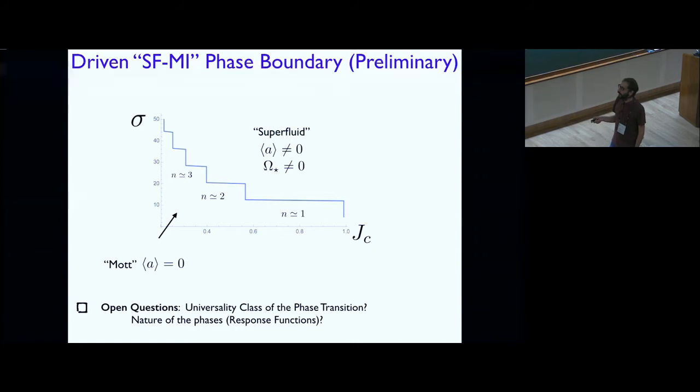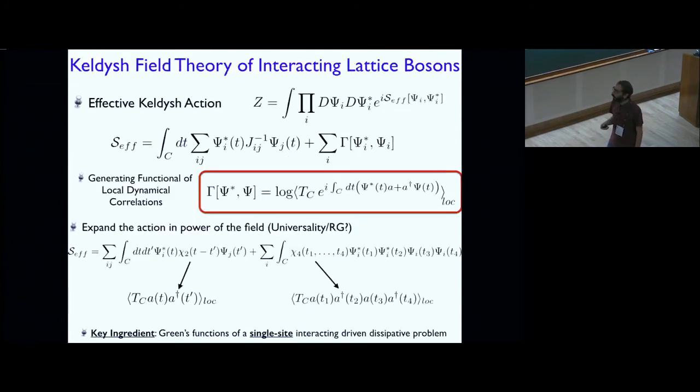So what can we say about the universality of this phase transition, and what can we say about the stationary state? To do this, you have to do something more than just mean field. I'm not going to enter too much into the details, but there is a way to formulate a Keldysh field theory for this lattice driven-dissipative problem, which is essentially the first step of a large connectivity limit.